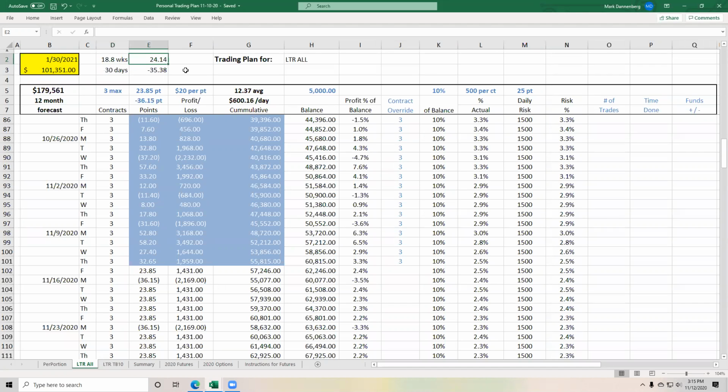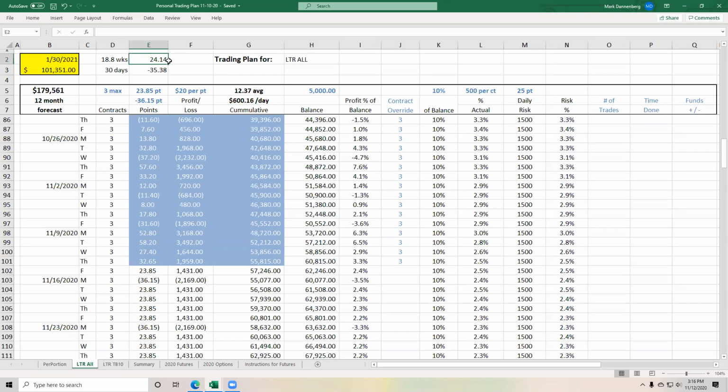We have averages calculated here that are winning day averages and losing day averages, and these averages take into account the frequency rate of losses, losing days per week.